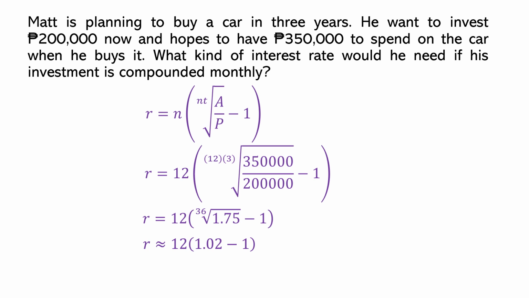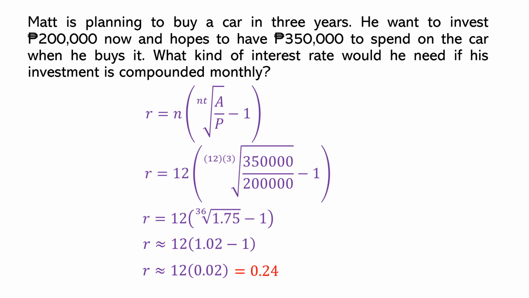Then compute the one inside the parentheses, 1.02 minus 1. We'll copy the R approximately equal to, and then 1.02 minus 1 is 0.02. And then copy the 12. Then multiply 12 times 0.02, which is 0.24.